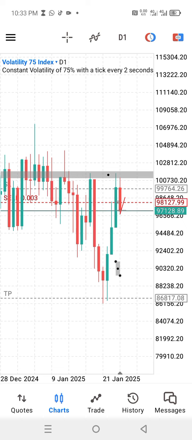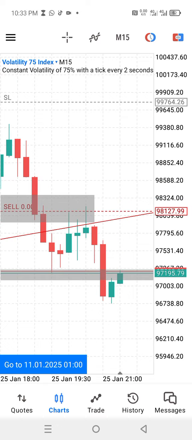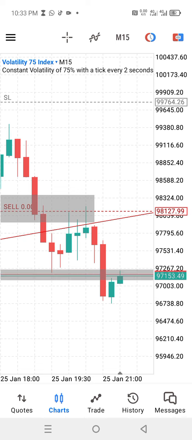So it might take about a week or a week plus. So it's going to be a swing trade. I'll be updating you guys. Okay, so hopefully this trade hits take profit, we get a prop firm. I will document it also.